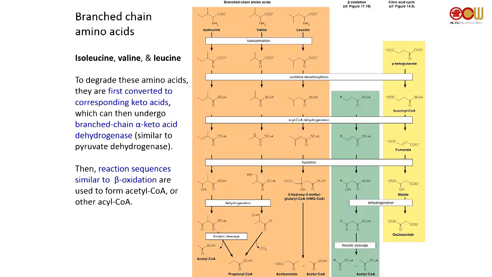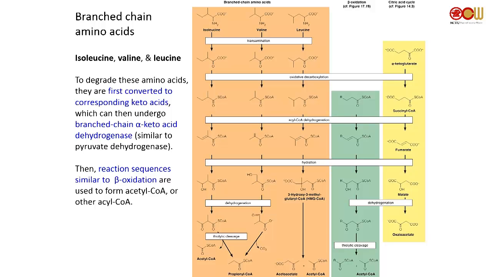Then your branched chain keto acid undergoes an enzyme called the branched chain alpha keto acid dehydrogenase. They are alpha keto acids, just like pyruvate is an alpha keto acid, so they can undergo a CoA acylating dehydrogenase reaction. What does that mean?